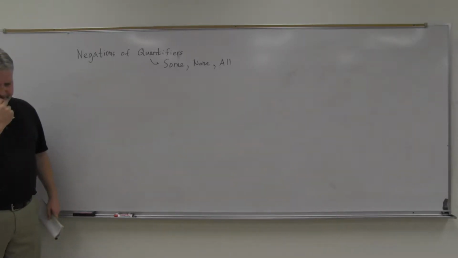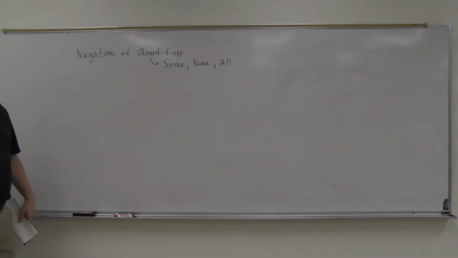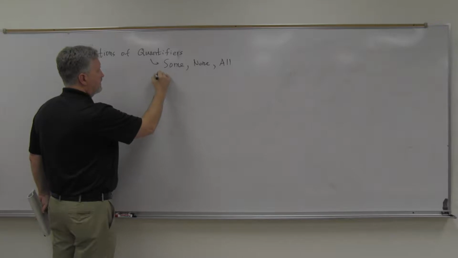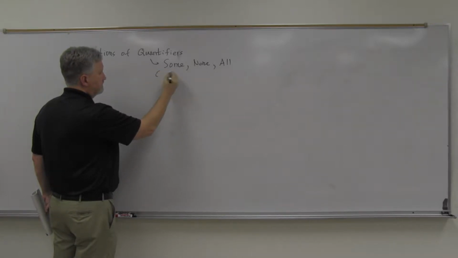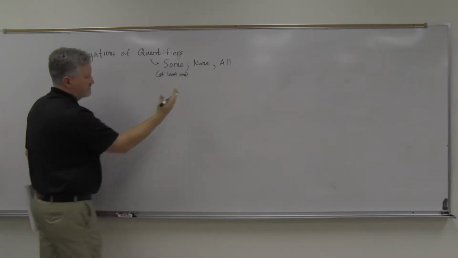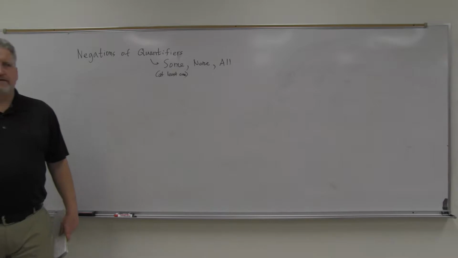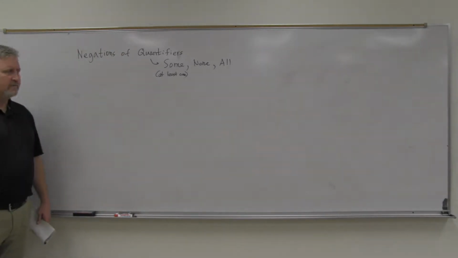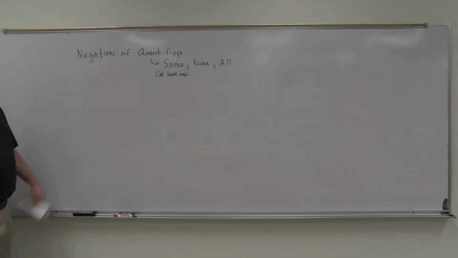I would mention here, because the book does use another phrase that means the same as some: at least one. That makes sense if you think about it. Some could be phrased as at least one. Anyway, those are the three basic ones we want to talk about here, negating those.